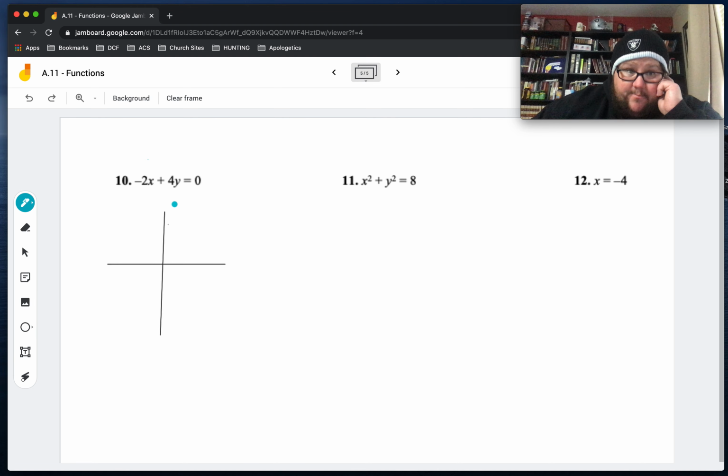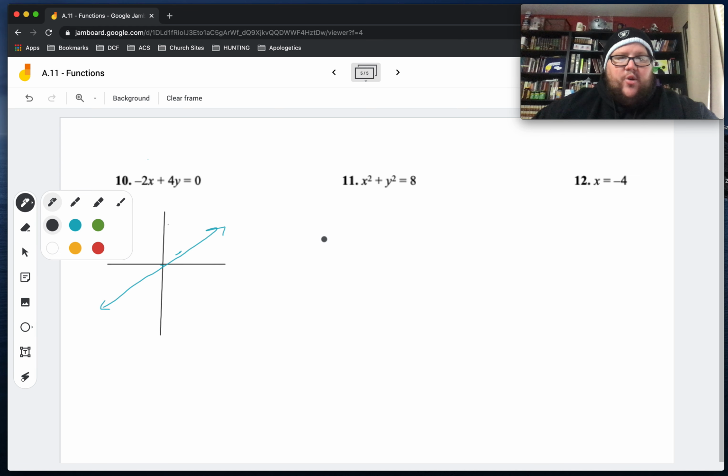Alright, let's see. It's going to look like this. So that's my graph there. I'm not going to comment on it. You guys can do that on your own. I'm just going to draw the graphs for you guys.